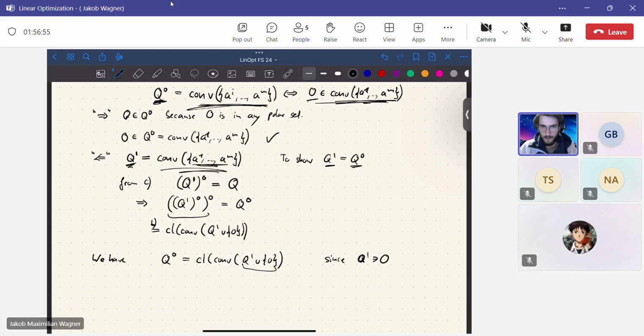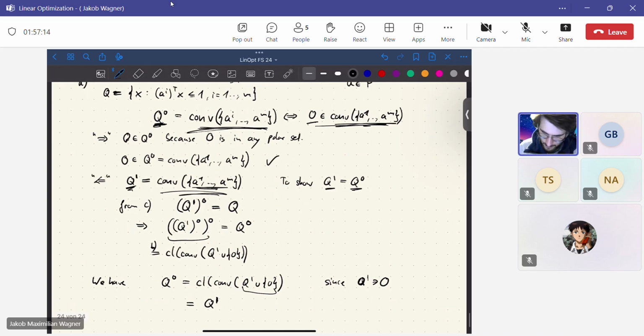And because the set Q prime is already convex, and because it's a convex hull of finitely many points, it's already closed, we get that this set is exactly the same as Q prime. And so we are also done for the converse direction. We have that if 0 is in this convex hull, then we can write the polar of Q as exactly this convex hull.